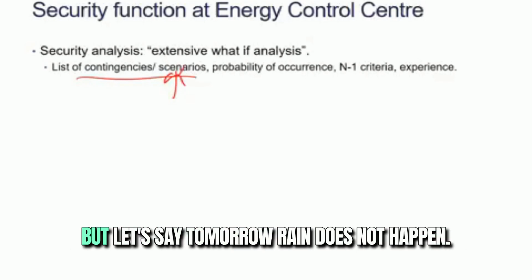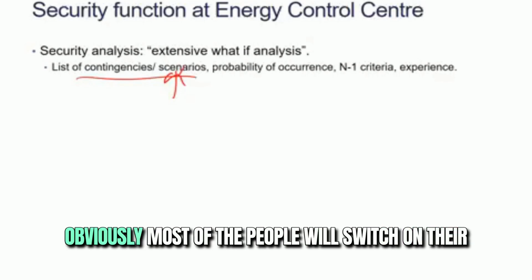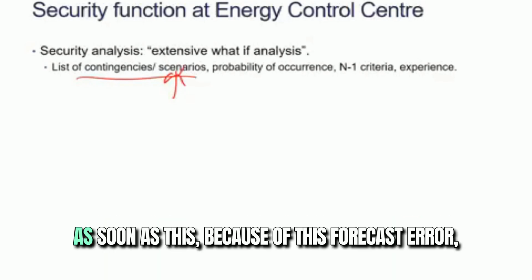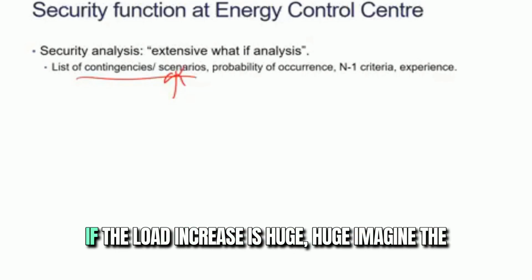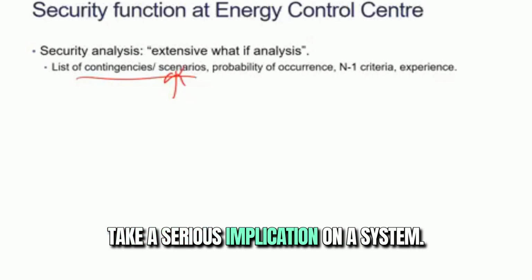But let's say tomorrow rain does not happen, then obviously most of the people will switch on their air conditioners and suddenly load will increase, right? Because of this forecast error, if the load increase is huge, imagine the load increase of a big city, then this can have a serious implication on a system.